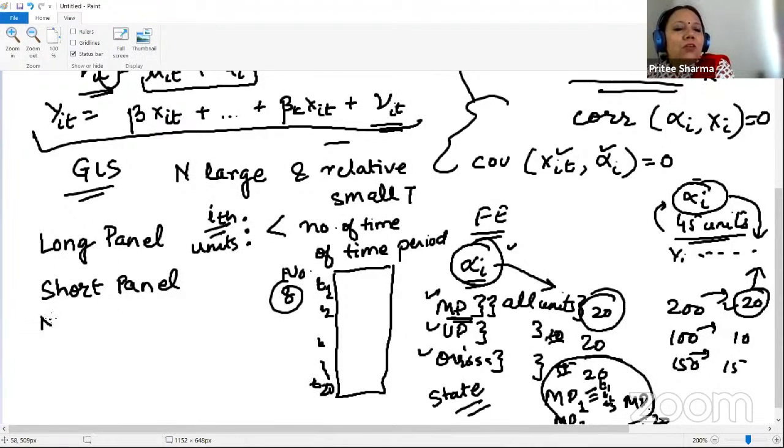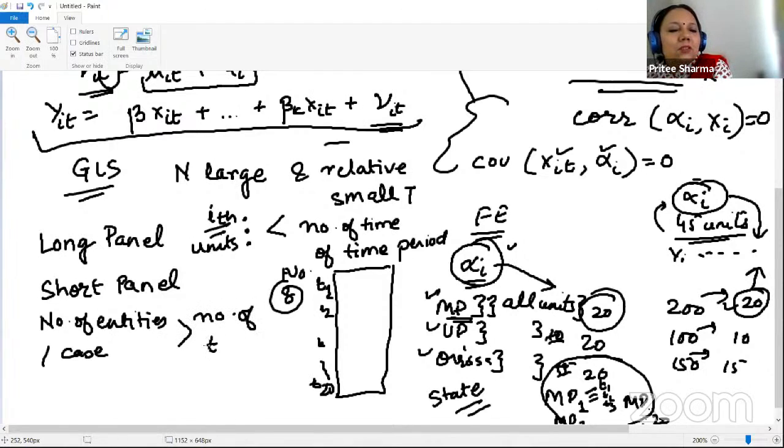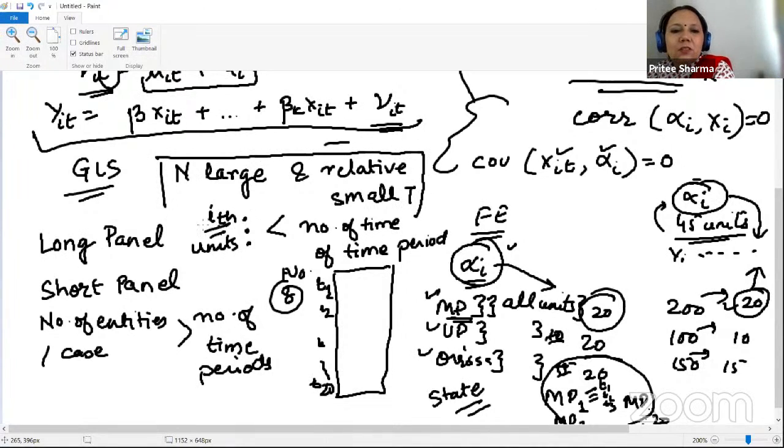Short panel is when your number of entities or cases is greater than the number of time periods. So when your panel has a large number of entities, then you can apply the GLS.